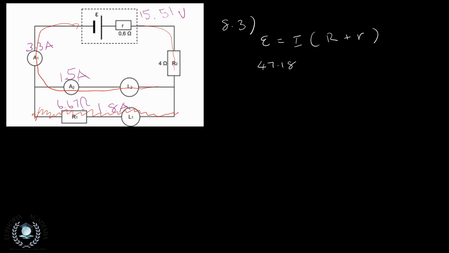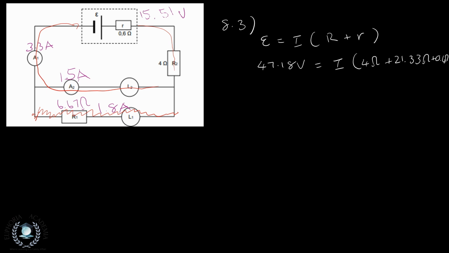That is an error. 47.18 volts, and that will be equal to, we don't know our current yet. We know that our resistance is the same, so we have our 4 ohms, which is R2, plus the resistance across our L2, which we found as 21.33 ohms, and then we have our internal resistance of 0.6 ohms.